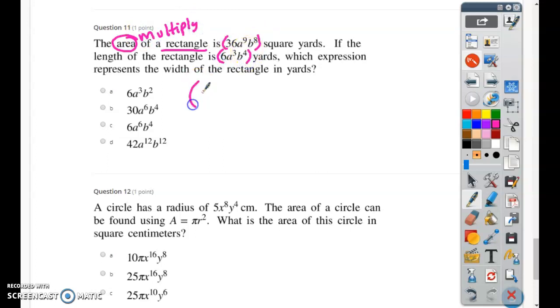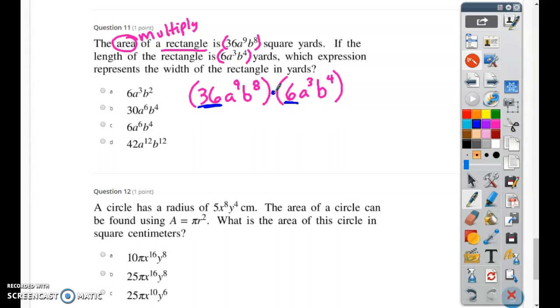So write it down. 36, a to the 9th power, b to the 8th power, times 6, a to the 3rd power, b to the 4th power. So we're going to multiply the big numbers.